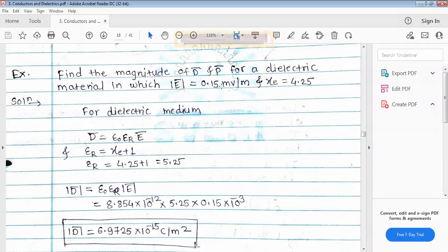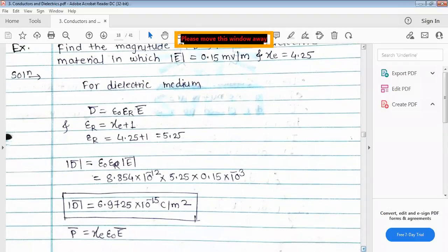What is P bar? Do all of you have the formula?